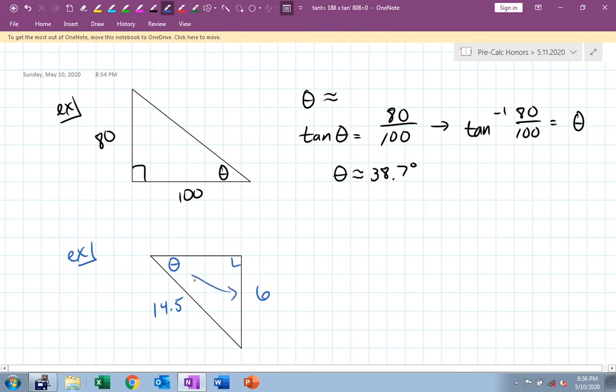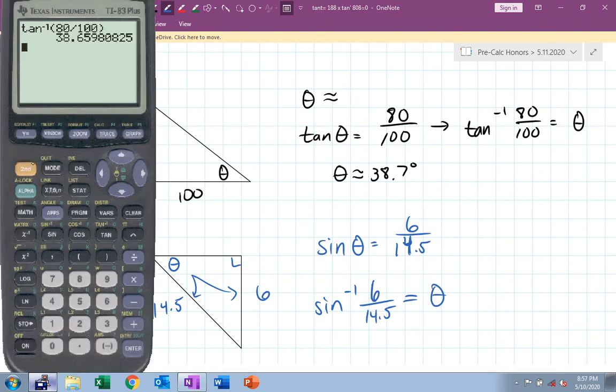So we know the opposite. We know the hypotenuse. The opposite and hypotenuse is sine. So 6 over 14.5. Which then means we're going to plug in the arc sine of 6 over 14.5, and we'll get our angle. The arc sine, 6 divided by 14.5. And I get 24.4 degrees.